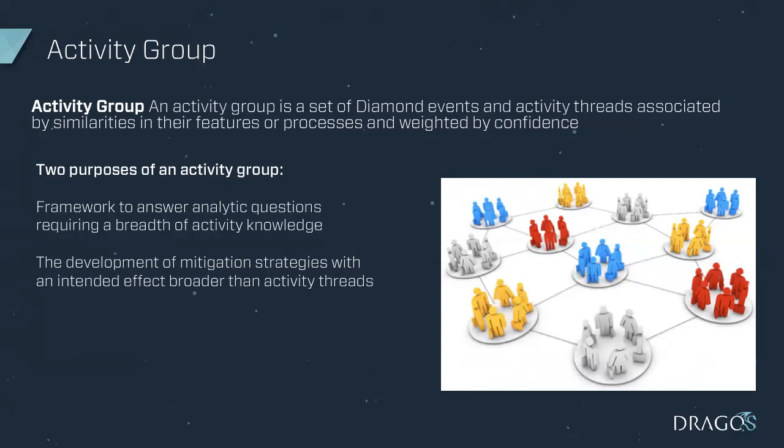And the whole purpose of this fundamentally is to come up with a mitigation strategy that delivers broader effects than attacking a single piece of activity. Generally, when you do network defense, given the money and time you put into it, you tend not to want to attack one thing at a time.